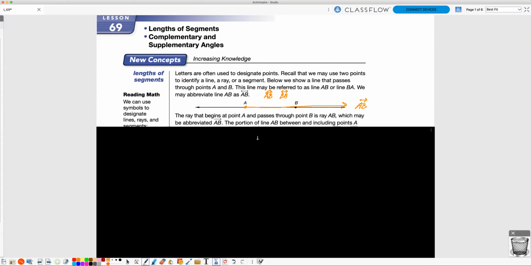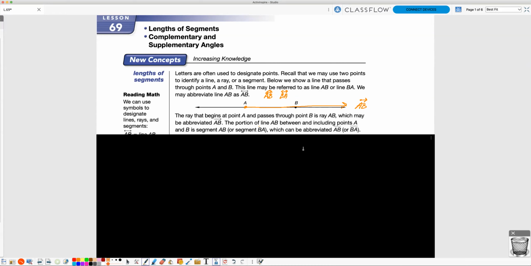The portion of the line AB between and including points A and B is segment AB or BA. So if we were talking about just the points from this point to this point and everything in between, this is considered segment AB or segment BA.